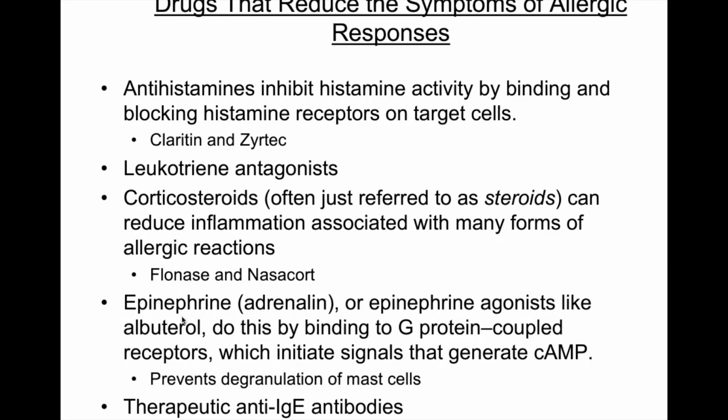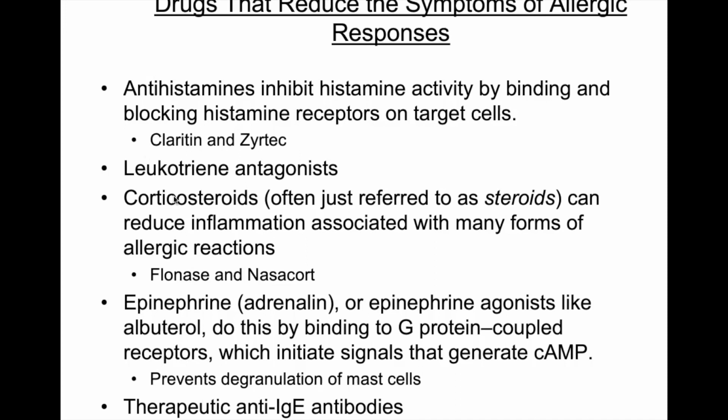In more severe cases where we might have allergic asthma or anaphylaxis, this is where epinephrine might be used, or chemicals that are going to block the effect of epinephrine. So albuterol would be one that's used in asthma. They do this by binding the G protein coupled receptor, so that cAMP can't be produced.